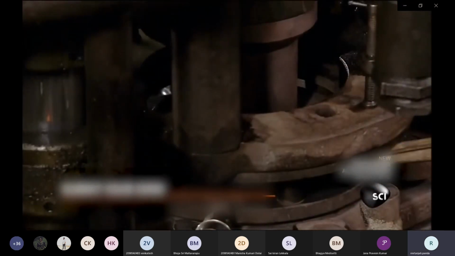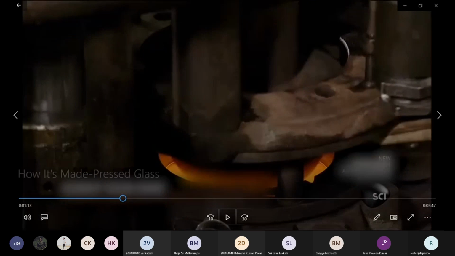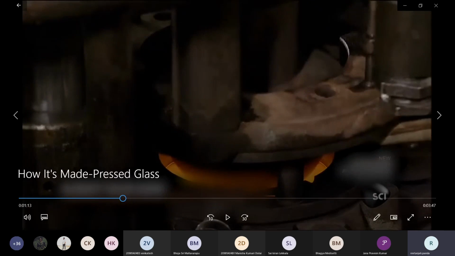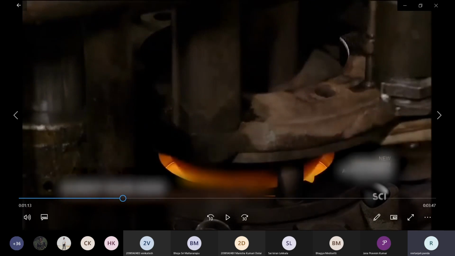Now you see, this one which came down is a plunger which is pressing the hot glass against the metallic die.